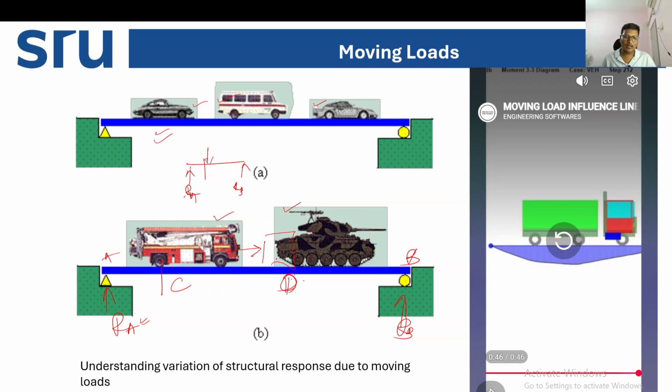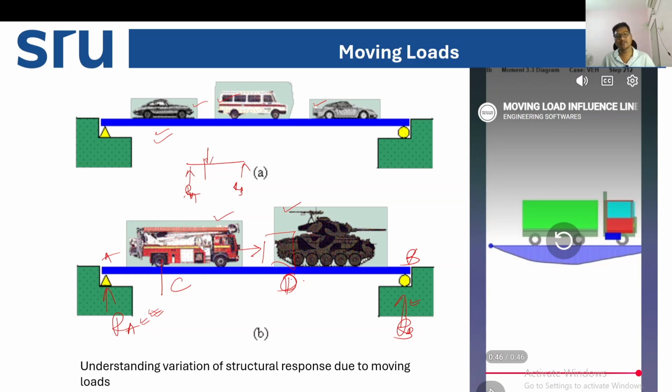When the load is at location D, this reaction will change. Yes or no? So due to the moving loads, the reaction is changing. Similarly, the shear force under the loads and the bending moment under the loads will also change.